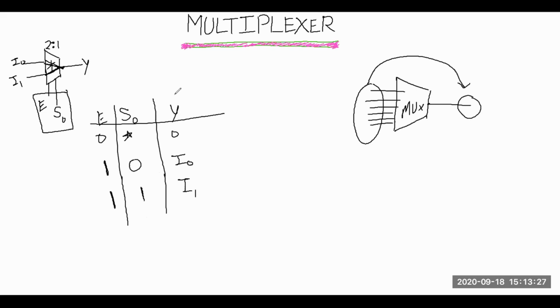This is a 2:1 multiplexer, and you can also write the expression from this truth table. Whenever you write an expression from the truth table, you take only the rows where the output is one, because a zero term in SOP would be neglected.